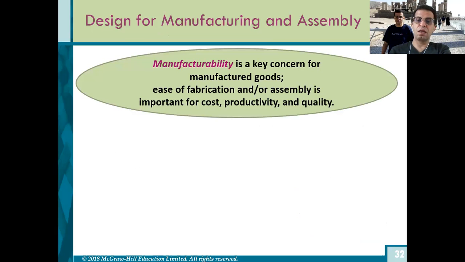In the DFM and the assembly, we look at what you call manufacturability. It's a key concern for manufactured goods, whether it's ease of fabrication or ease of assembly, which is very important for cost, productivity, and the quality itself.